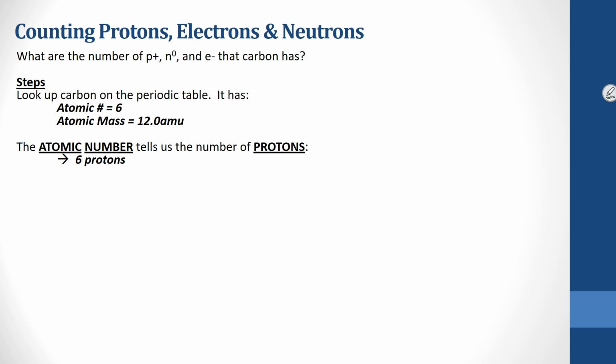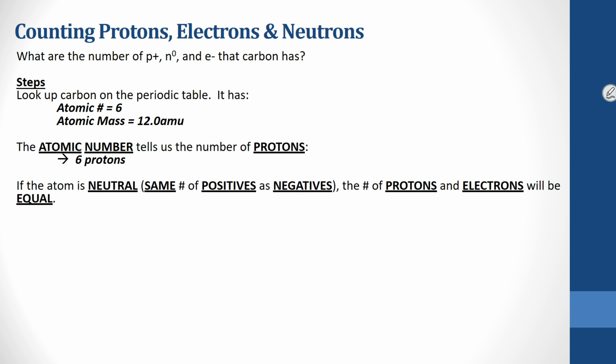So for an atom to stay neutral, in other words, to have the same number of positives as negatives, we need to have the number of protons and electrons be the same. If carbon is neutral, that means it has 0 charge. If it has 6 positives, it needs to have 6 negatives. So carbon would have 6 electrons. And for all of grade 9, protons and electrons will be the same because all of our elements are going to be neutral.